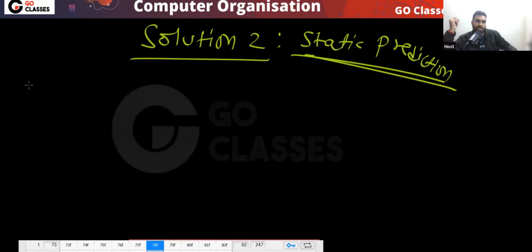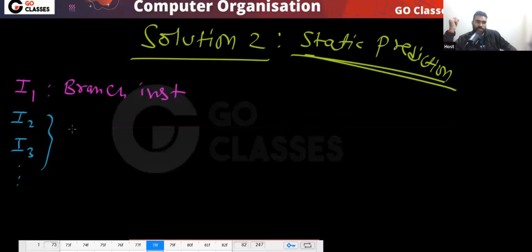What this static prediction is, let's assume this is a branch instruction. This is some branch instruction, let me assume. Then you can notice this I2, this is called fall through path, right?